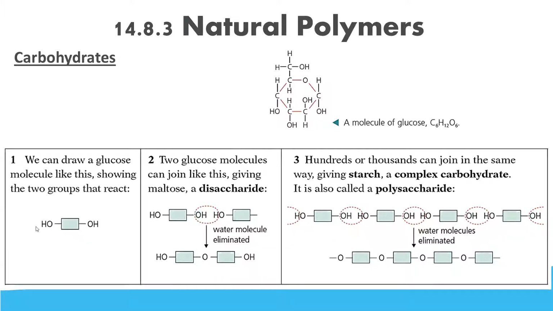The OH group represents the functional group, and when two of these glucose molecules join together, it eliminates water to produce a polysaccharide, a carbohydrate made from two. And it goes on combining until all the glucose molecules are used up in the reaction.